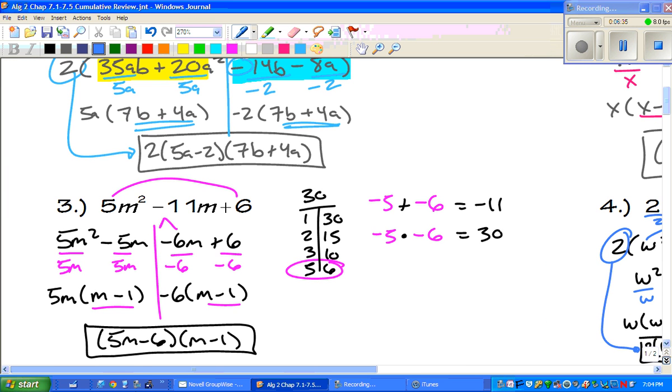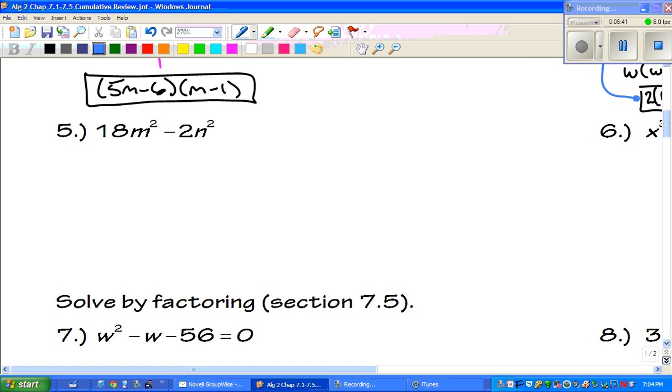Alright, let's move on to number 5. Is there a GCF? The answer? Yes. Okay? We can factor out the 2. So, the 2 comes out front. So I'm going to move this down a little bit. The 2 comes out front, and we're left with 9m squared minus n squared.